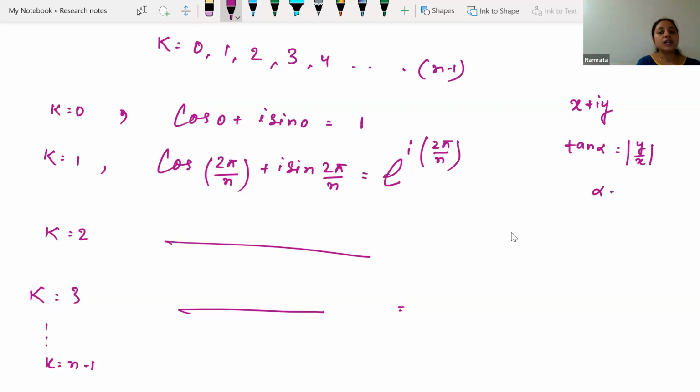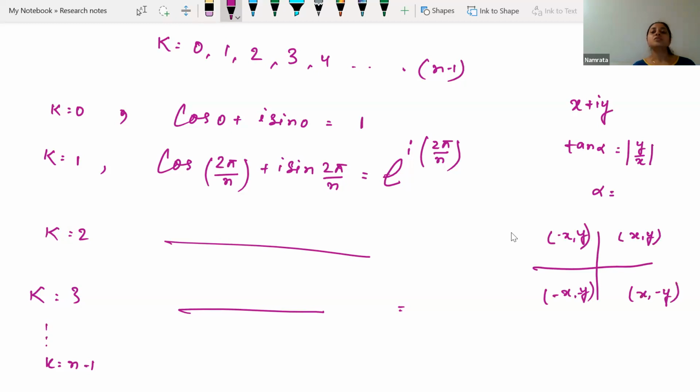From here alpha will come out, and whatever alpha comes, just keep it aside and you have to check the quadrant. In the first quadrant, x and y are both positive. Here y is positive but x is negative. Here both are negative, so it's the third. And when y is negative and x is positive, it is the fourth quadrant. So according to the signs of x and y, you have to decide the quadrant.